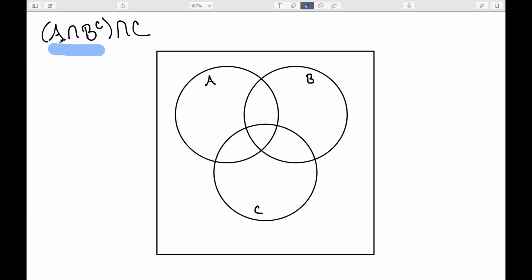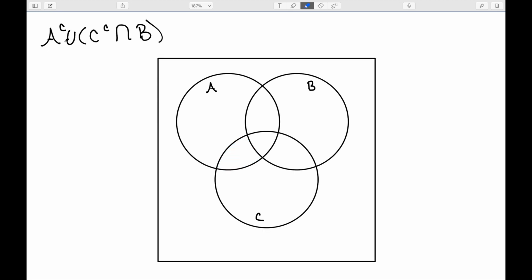So we want it to be both in A and not in B. So that would be this piece here, as well as this piece that's shared by A and C. This would be everything that's in A but not B. We then want to intersect this with C. So what we really want is things that are shared between my already shaded region here and C. So I can erase this piece. This piece was shaded and is also in C. So A intersect B complement, intersect C would be represented by this piece right here.